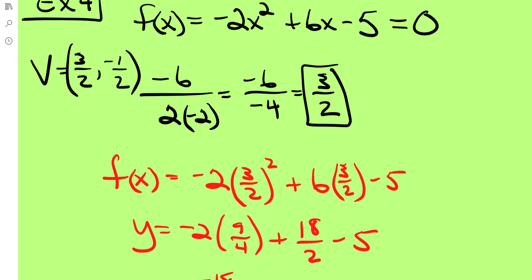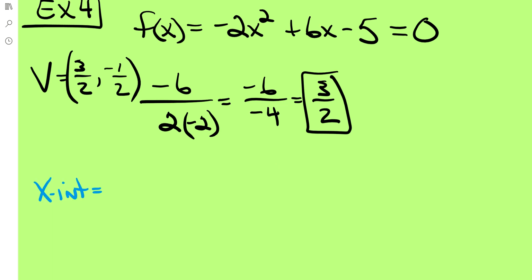Okay, let's figure out what the x-intercepts are. So the x-intercepts will be the quadratic function equal to 0, and I have to factor this function. Y is 0. So if I factor this, it looks like I'm best using the quadratic formula. Doesn't look like I can factor that in the traditional sense. So let's do that.